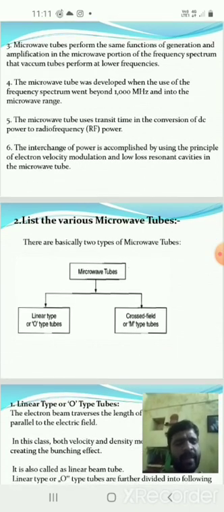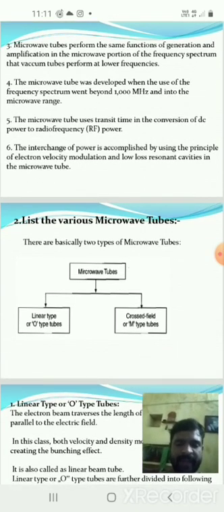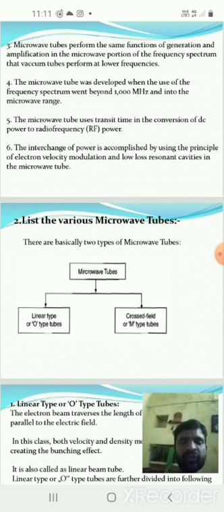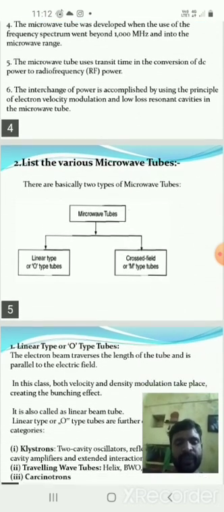Various types of microwave tubes. Microwave tubes are basically divided into two types, linear type and crossfield type. Linear type is also called O-type tubes, and crossfield type is also called M-type tubes. In the linear type, the electron beam travels along the length of the tube.